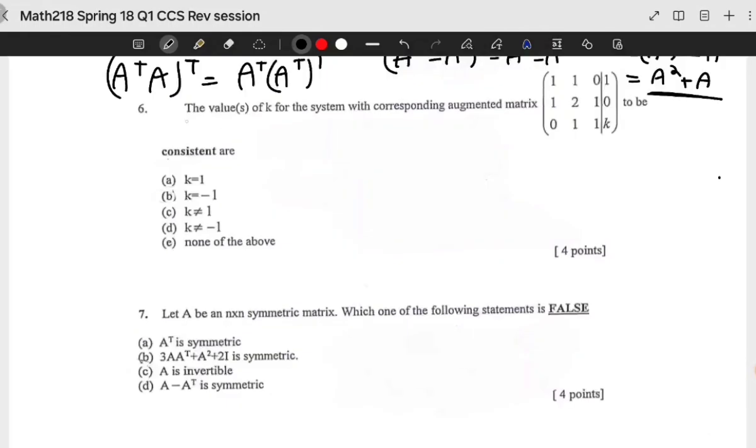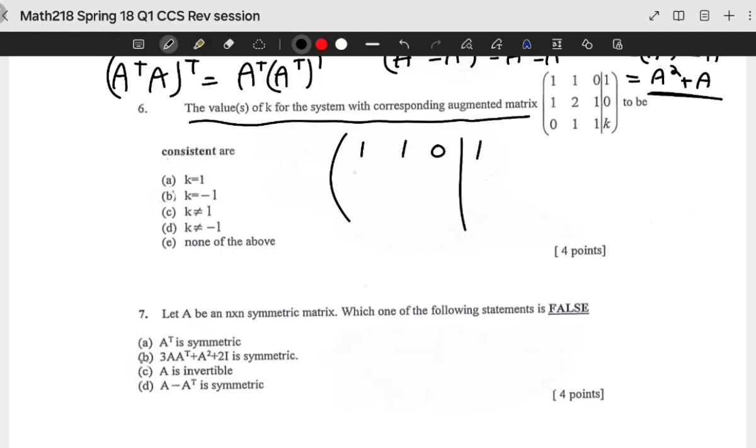Problem 6. The values of K for the system with corresponding augmented matrix to be consistent are. So this is the system, and we're going to transform it into row echelon form. We can multiply row 1 by -1 and then add it to row 2. We get this.